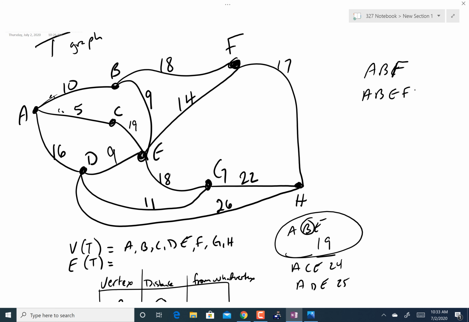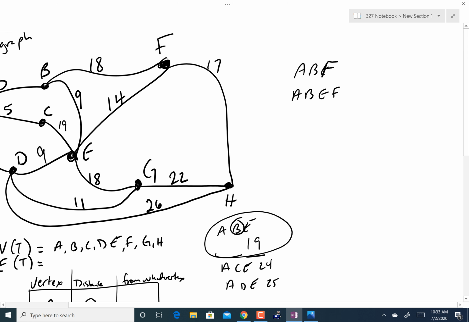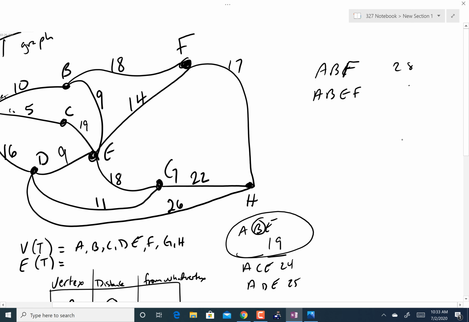You see, we need to be from places that we've been. So to get there from where we've been, A to B to F is 28. A to B to E to F is 33. That is the best that we can do, either to go from B to F or from E to F. Those are places we've been.